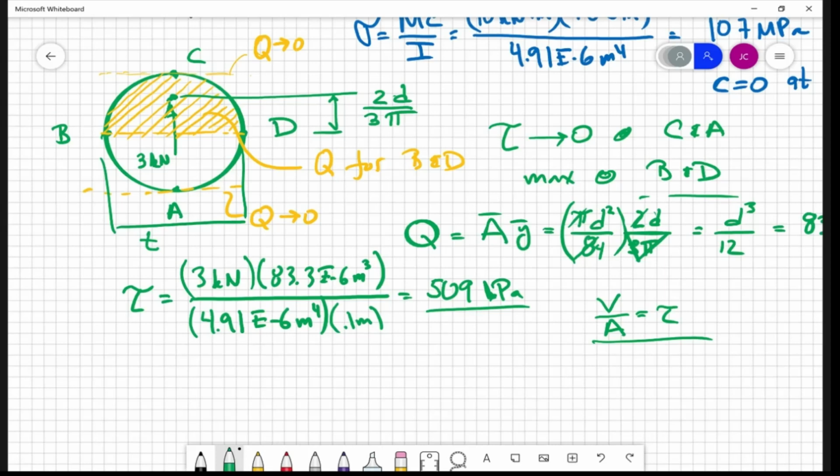It is the same. It's trying to get to the same type of stress. They're both the shear stress due to that shear force V. But this one is more of an approximation. This one is a bit of a more accurate description of how that shear stress evolves over the cross section.